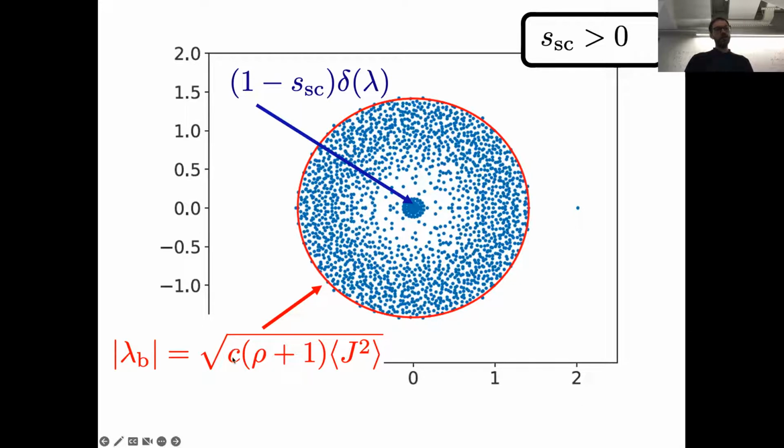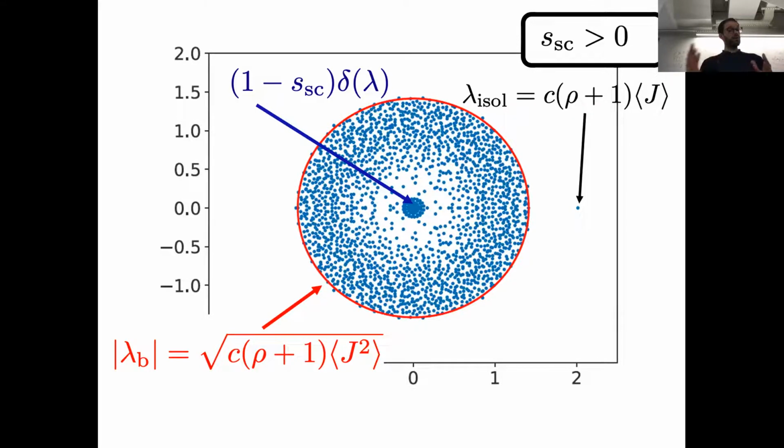It's given by the mean outdegree times rho plus 1, and then the expected value of J to the power of 2. Rho, as we will see, terms the correlations between in and outdegrees, and J represents the weights of the links. And then there is one lonely isolated eigenvalue outlier, which actually will be important because the largest one is often the outlier.